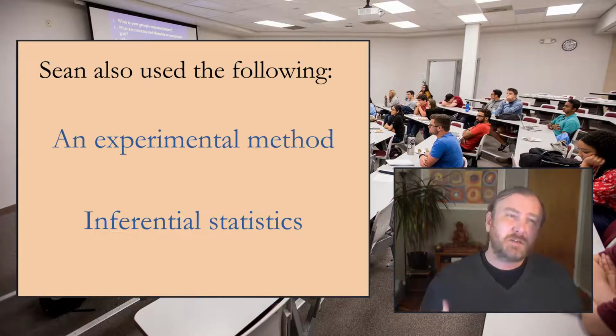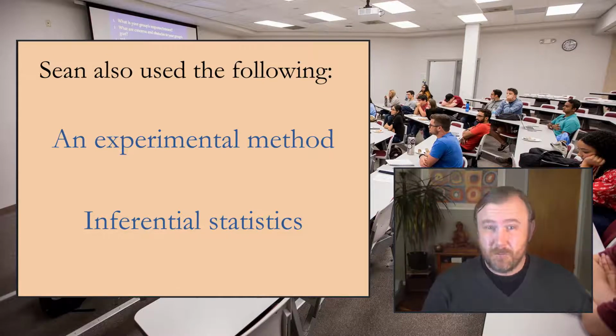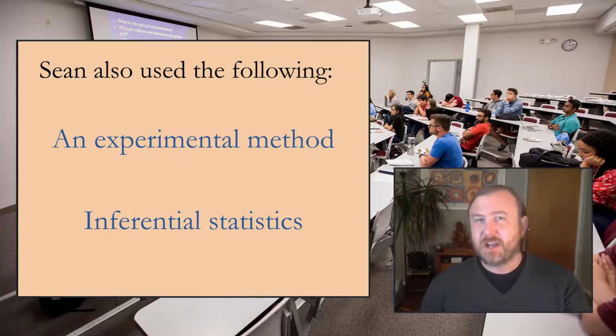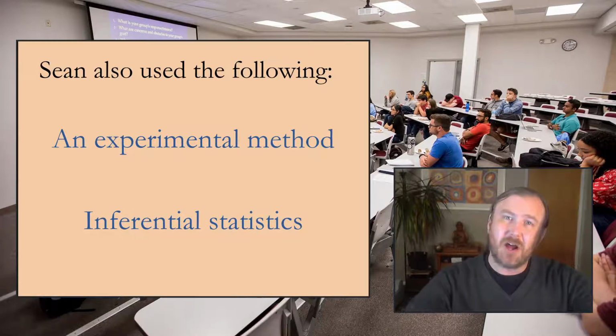But Sean was also using an experimental method, right? So an experimental method is when an investigator attempts to determine if changes in an independent variable, which you can think of as the predictor or the variable that causes the change in the outcome.